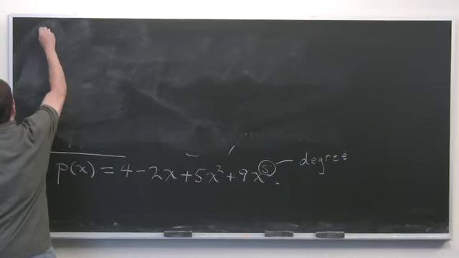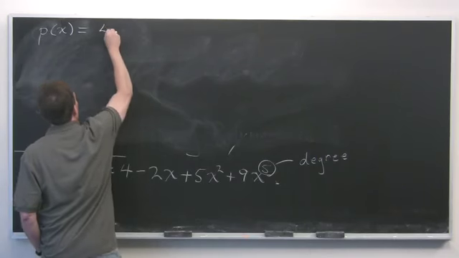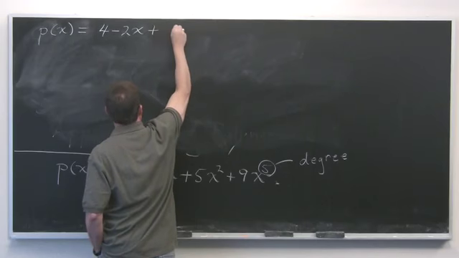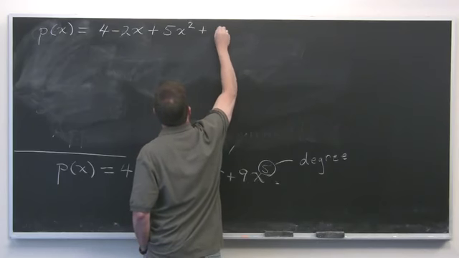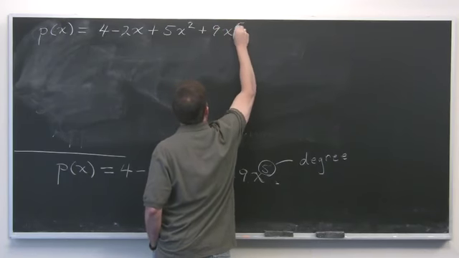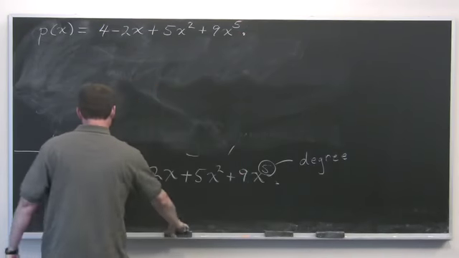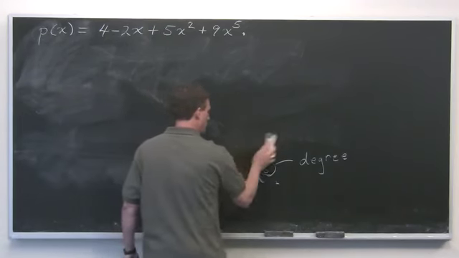So if we start with this polynomial, p of x equals 4 minus 2x plus 5x squared plus 9x to the 5th.